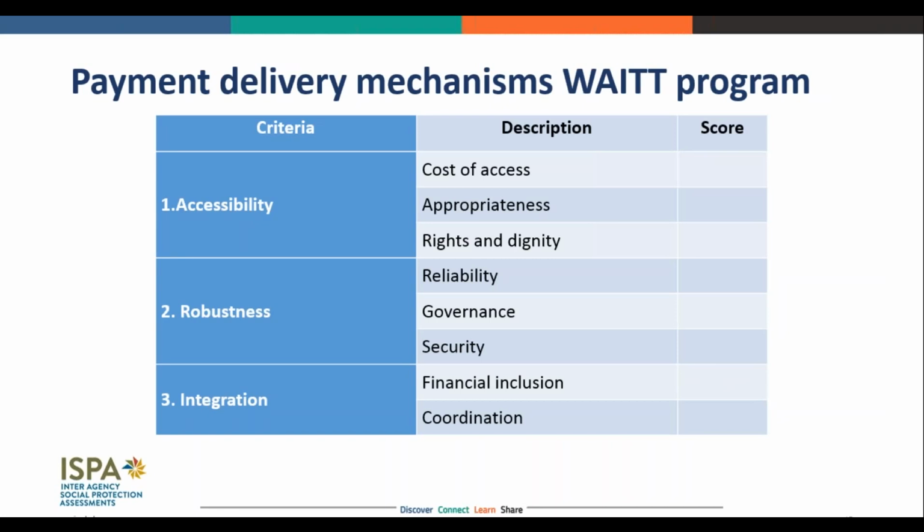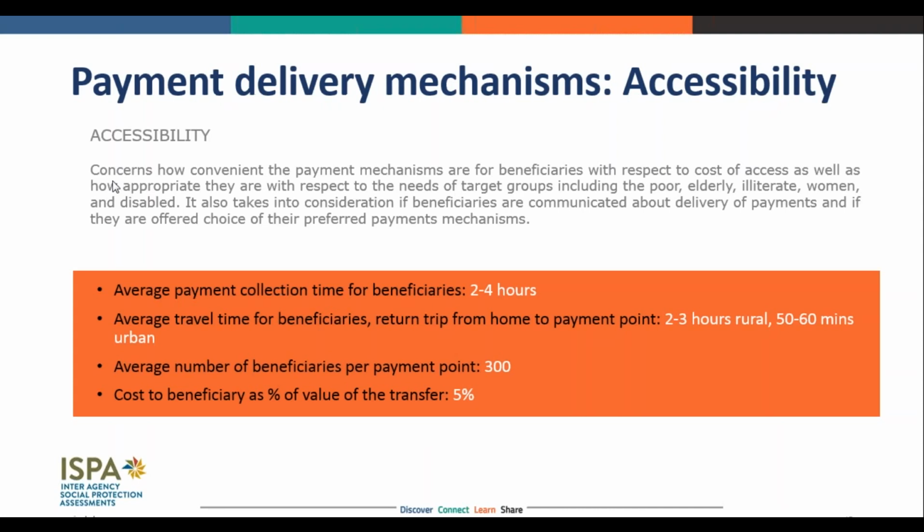Each of these criteria is broken down into a number of different areas. So accessibility is made up of cost of access, appropriateness, rights, and dignity. Robustness is made up of reliability, governance, and security. And integration is just made up of 2 subcomponents: financial inclusion and coordination. So if we move on and we look at the first criteria for assessing a payment delivery mechanism, which is accessibility.